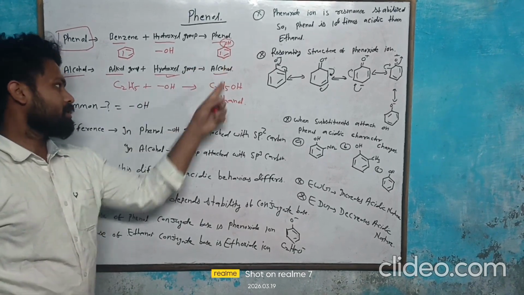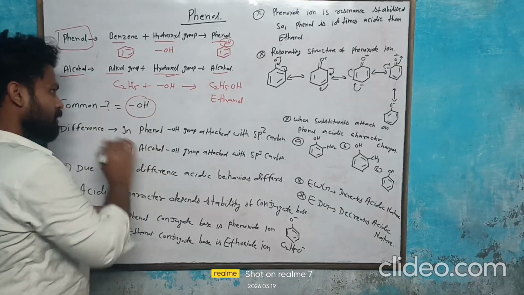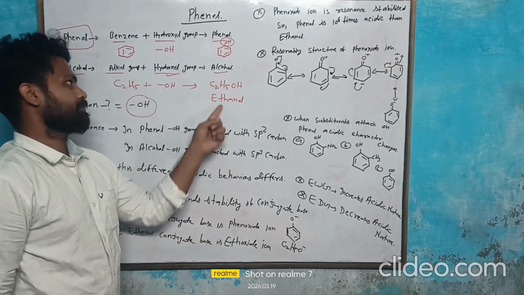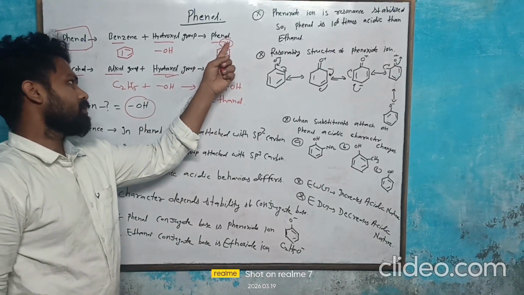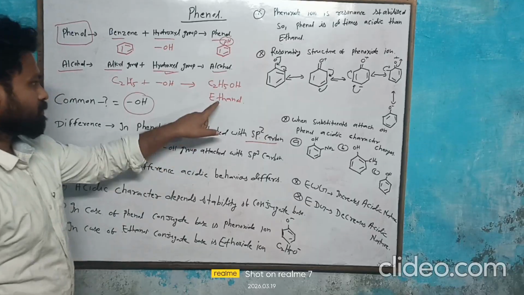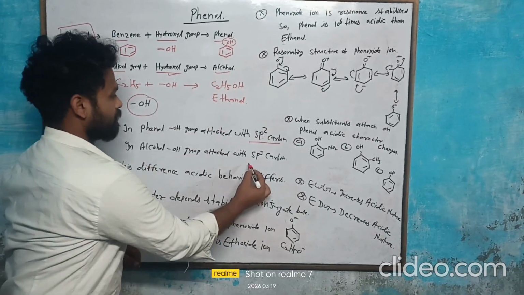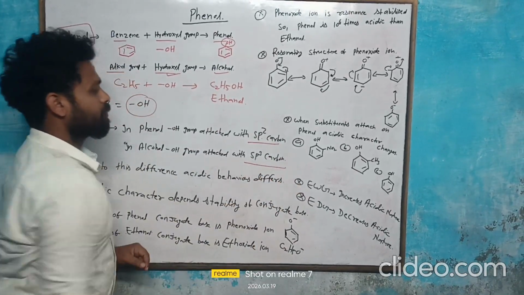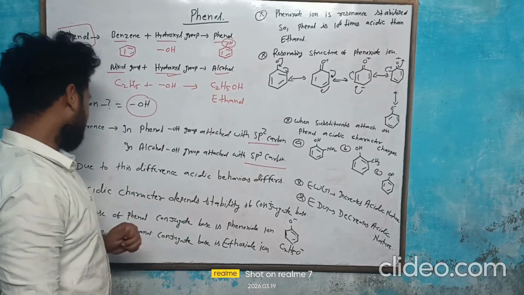In both, OH is common, but both are not the same, because in phenol OH is attached with an sp2 carbon, while in the case of alcohol, ethanol, the hydroxyl group is attached with an sp3 carbon.